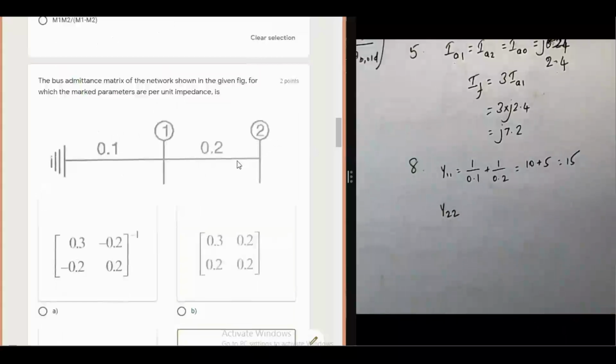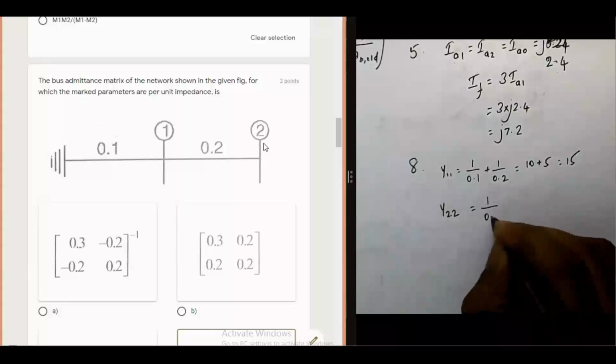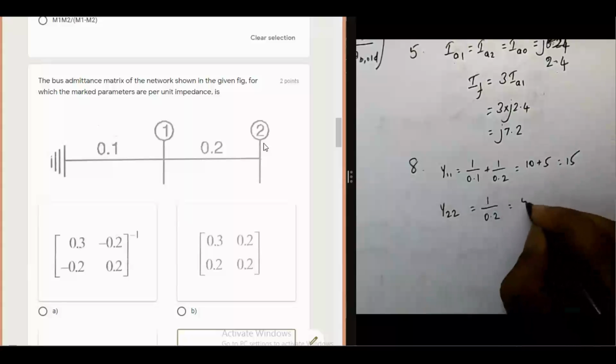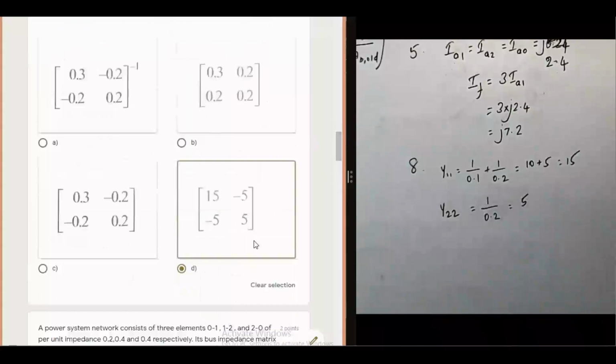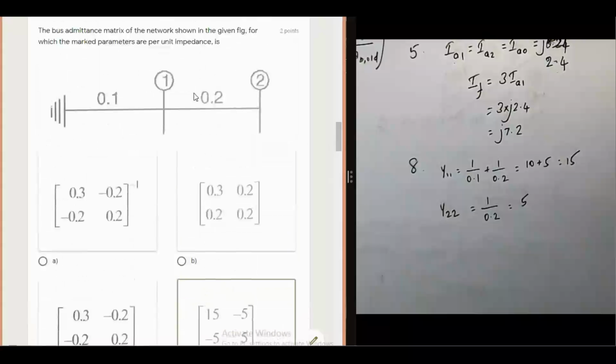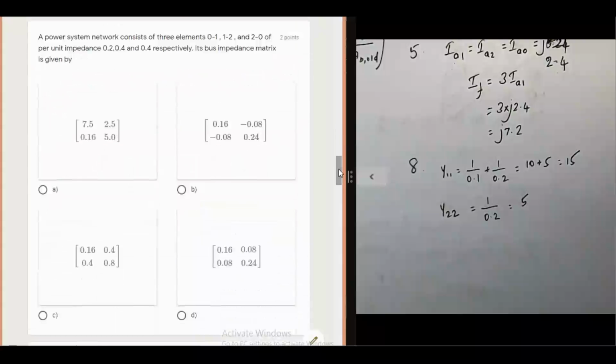Only one element is connected to node 2, so Y22 is 1 divided by 0.2, which is 5. Then Y12 equals Y21, which is minus 1 divided by 0.2, that is minus 5. Option D is the correct answer. Then ninth question.